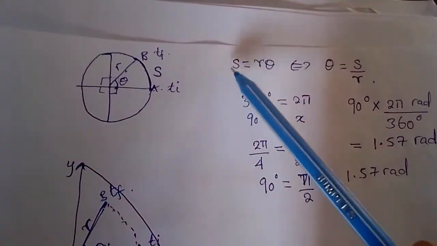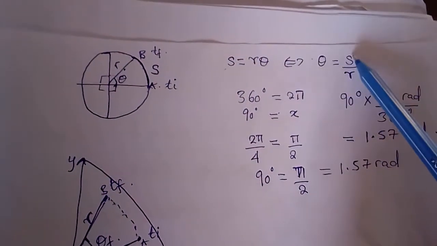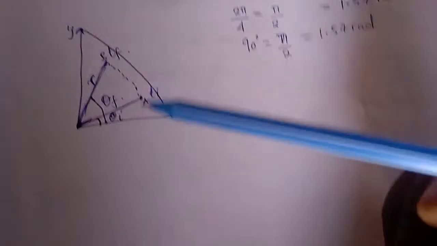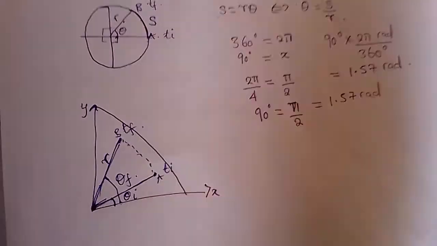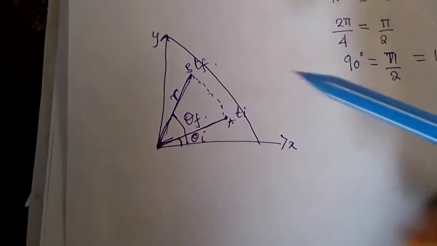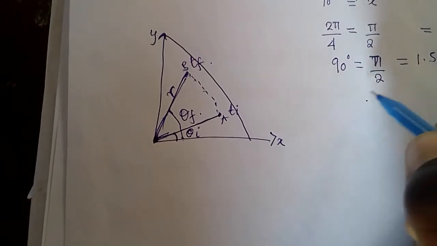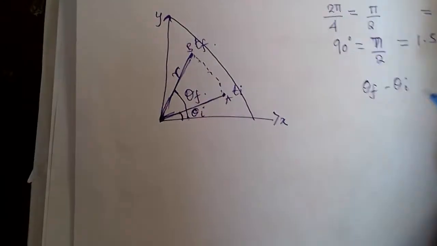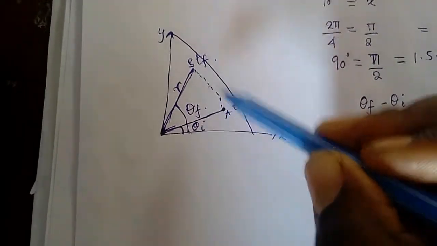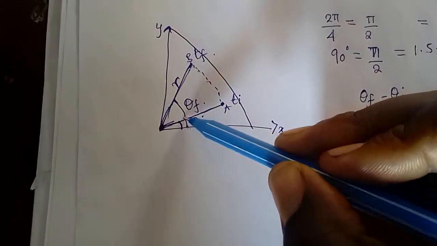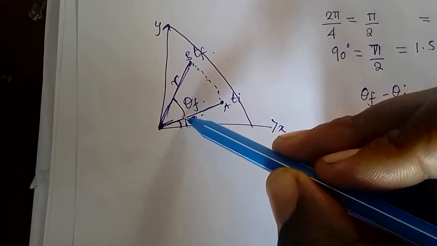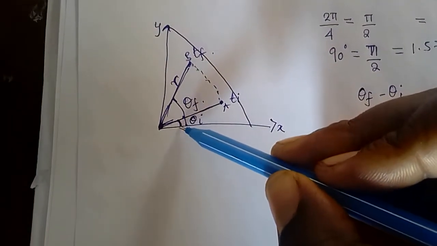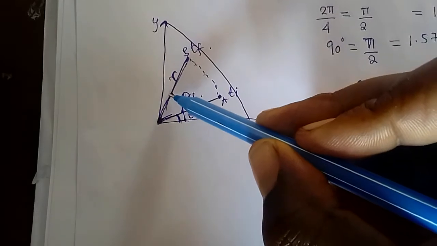Now, if we go back to the formula, S is equal to R theta, or theta is equal to S over R. This is what has happened, meaning in terms of angular distance, this body has covered an angle of theta final minus theta initial, because it started from point A and went to point B. Theta initial was subtended at this angle, and then theta final went on up to the next angle.